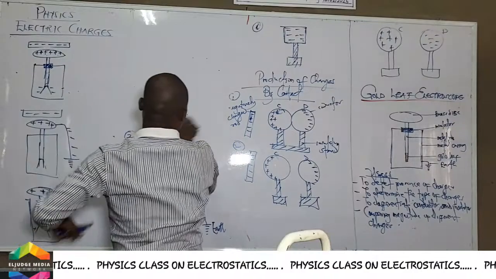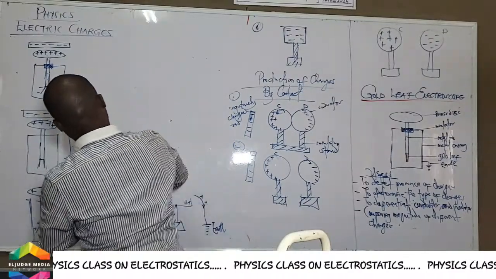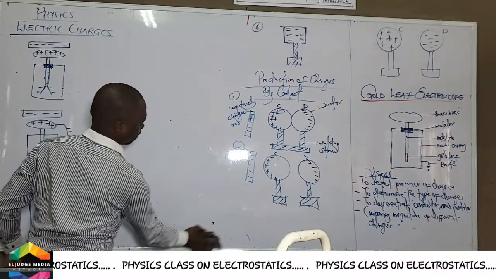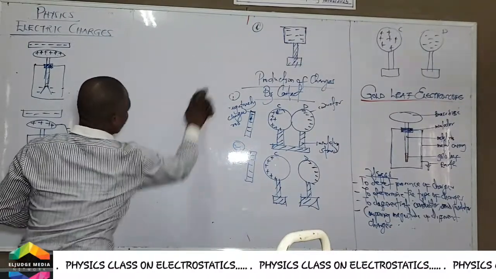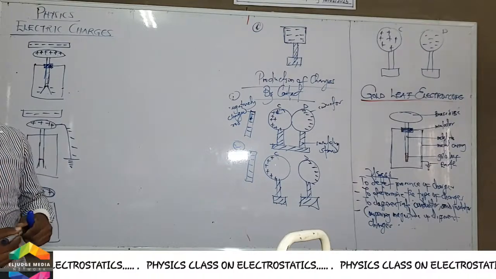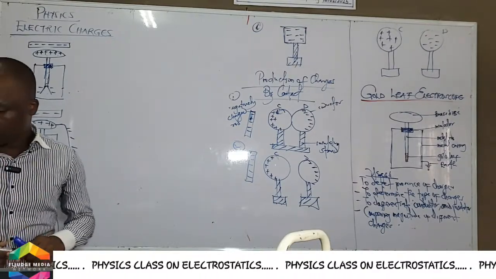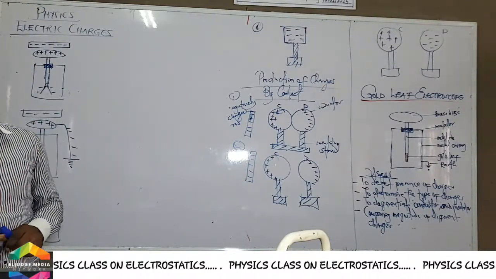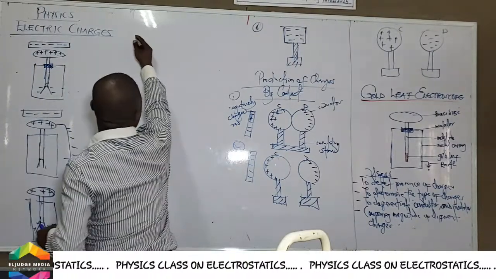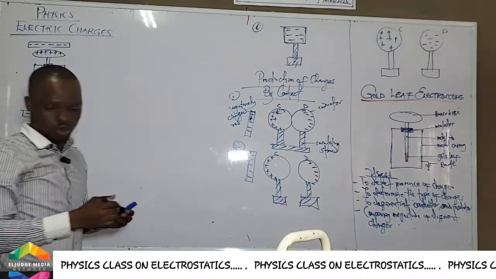Once you understand this summary, I will just explain a bit. So let's look at the summary of the effect on the gold leaf of a charged electroscope when a charged material is brought close to it.